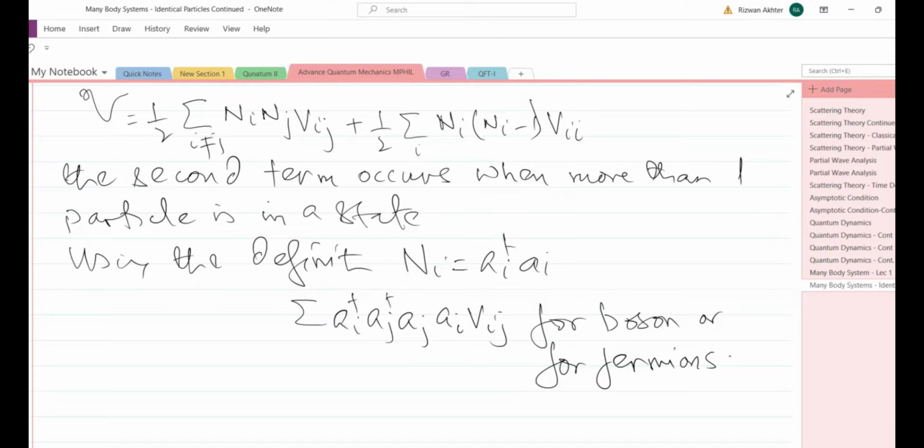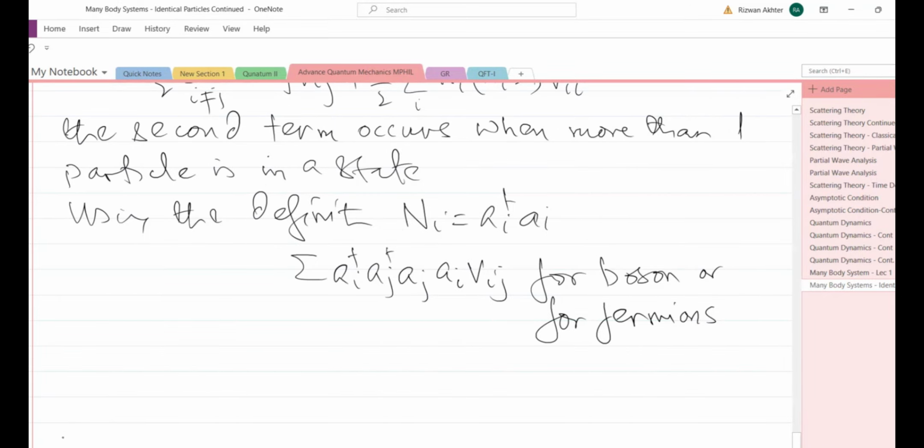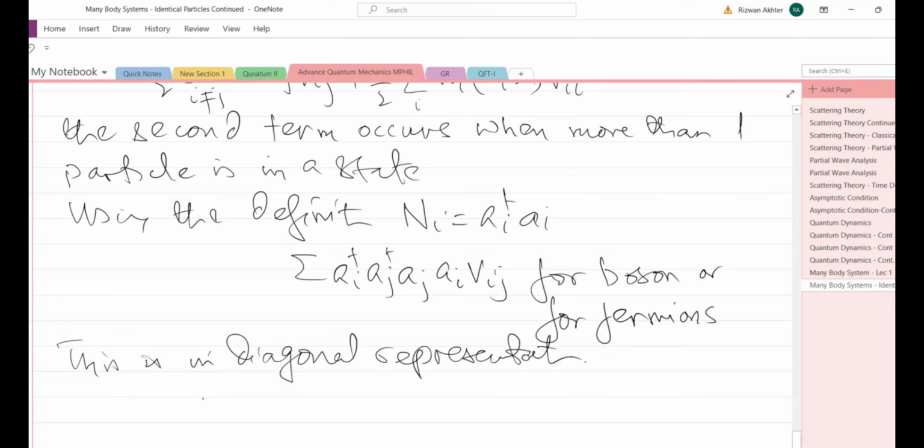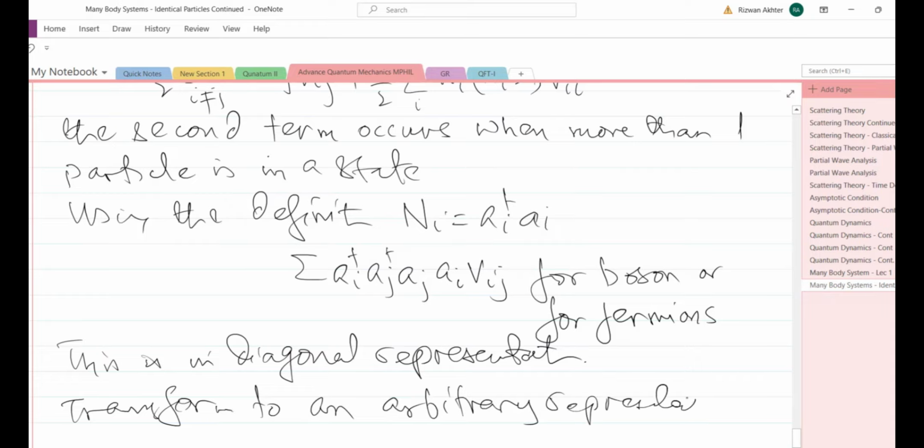So this is in the diagonal representation. We need to transform into some other representation, to an arbitrary representation.